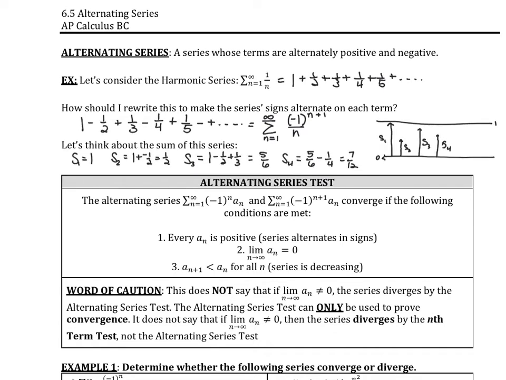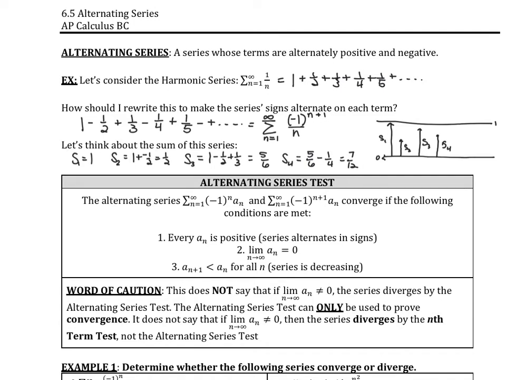And my fifth partial sum, if we keep going, would be just a little bit less than 5/6, but more than 7/12. And what we see is that this is oscillating, right? And we're going to keep getting closer and closer to a fixed number. Now, I'm not really concerned about that fixed number right now, but what it does show is that an alternating series may converge, whereas the same series that's not alternating diverges.